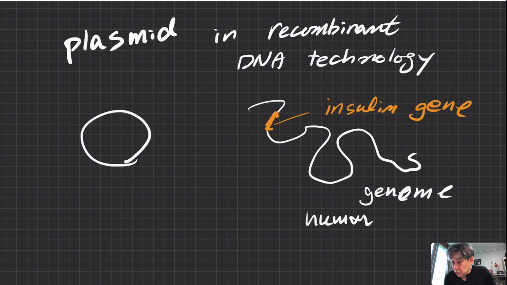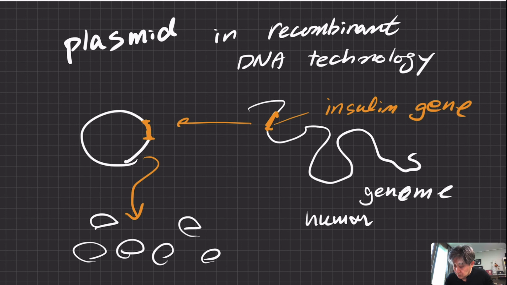What you want is to insert your insulin gene into the plasmid like this, okay? So that this plasmid can produce many recombinant plasmids, each of which now carries the insulin gene, and each plasmid is able to produce insulin protein.